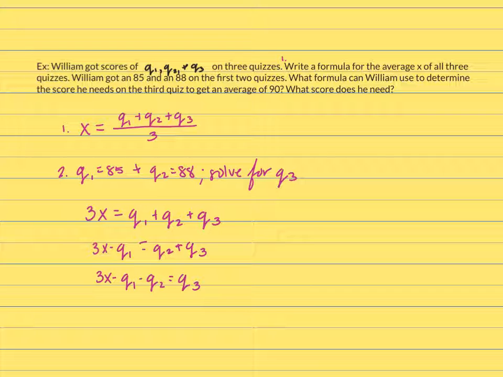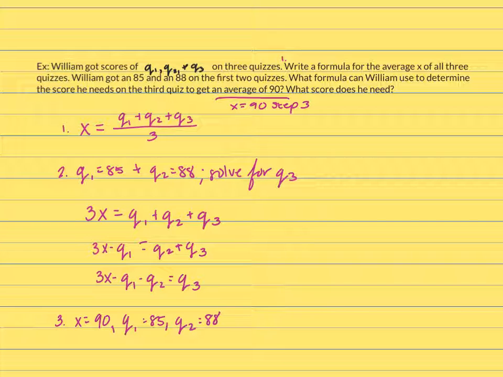So the last thing it says is, what score does he need in order to get that average of 90? So we're going to plug in 90 for X in step 3. Okay, so in step 3, X is equal to 90, Q1, we already said earlier, was equal to 85, and Q2 is equal to 88. So I'm going to plug in those numbers respectively.